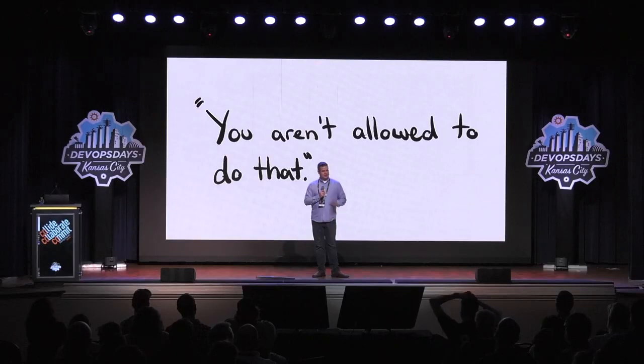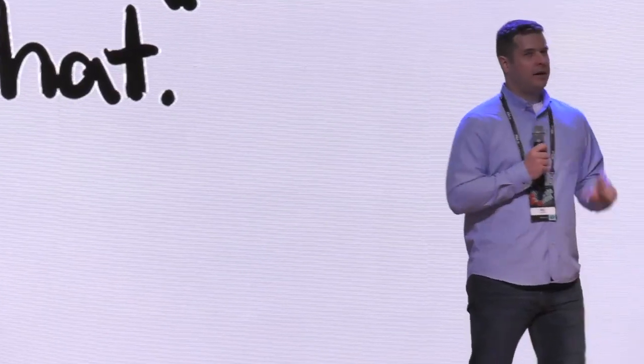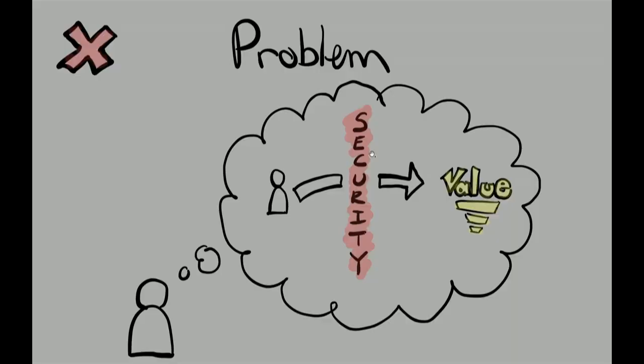And the last kind of thing that I've heard is "you aren't allowed to do that." And the problem with this one is it makes you think of security as a blocker in front of you providing any value to your organization. It makes you think that you're getting in the way, or that they're getting in the way of providing value.